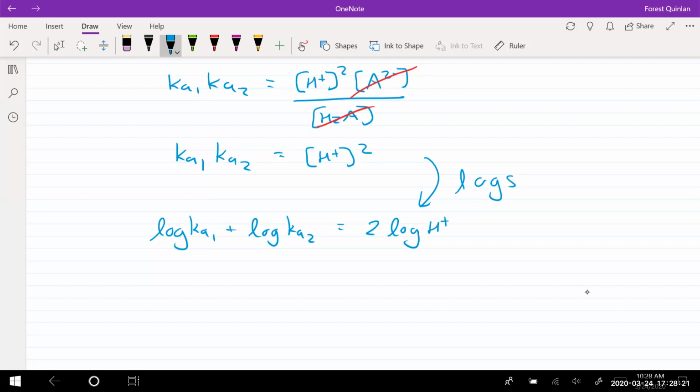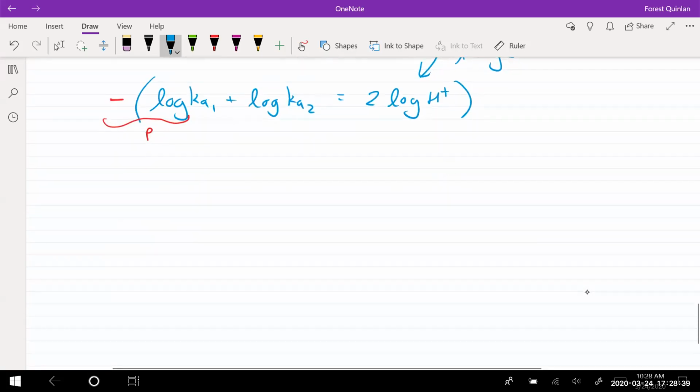Properties of log, I can take the power and put it in front. I'm also going to take the negative of everything, and the reason is that a negative log means P. So that means P. So this now turns into pKa1 plus pKa2 is equal to 2pH.